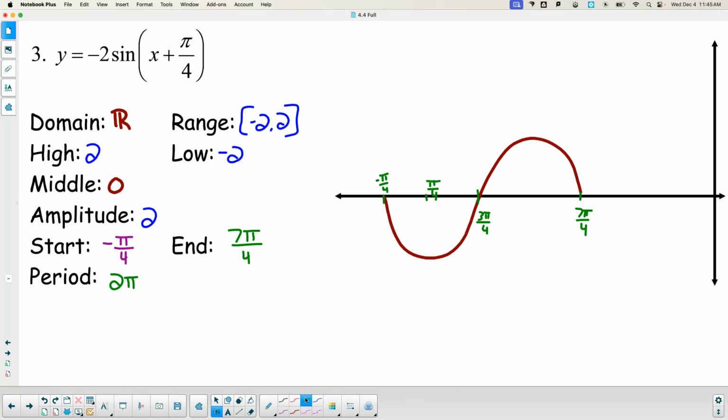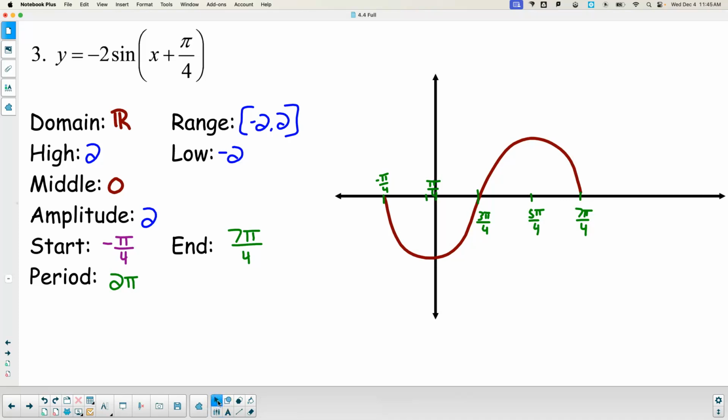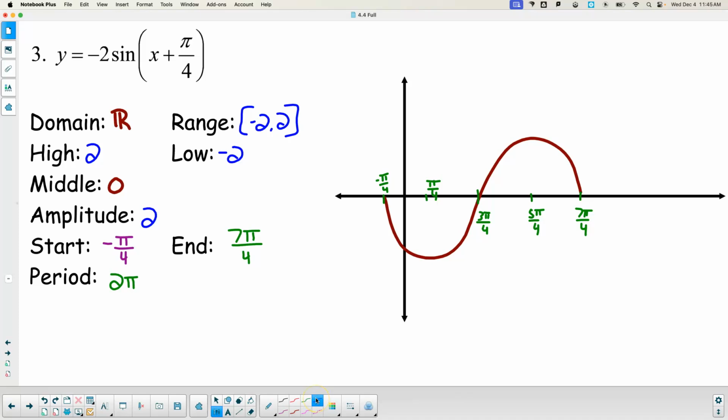That's going to make this be 5 pi over 4, which is then going to allow me to put that in there. So it should look like that.